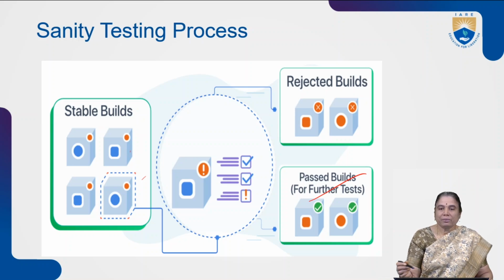If the builds fail, they must be rejected. So in an abstract way of testing, without the detailed description of the test case design, the sanity testing process must be considered.